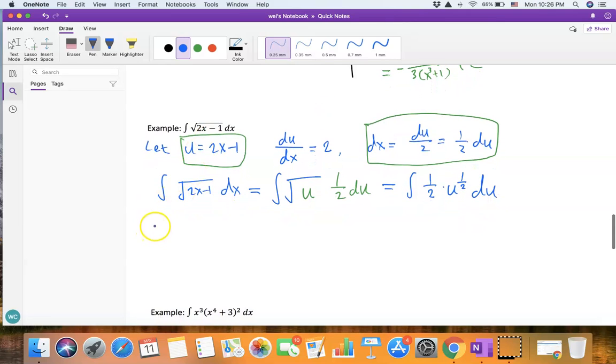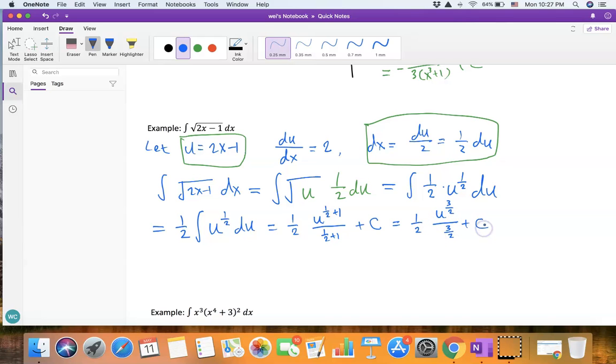Okay. And if I pull out this constant, for this integral we can solve it using the power rule. So we have u to the power of 1 over 2 plus 1, over 1 over 2 plus 1, plus a constant. So this is 3 over 2 over 3 over 2 plus this constant.